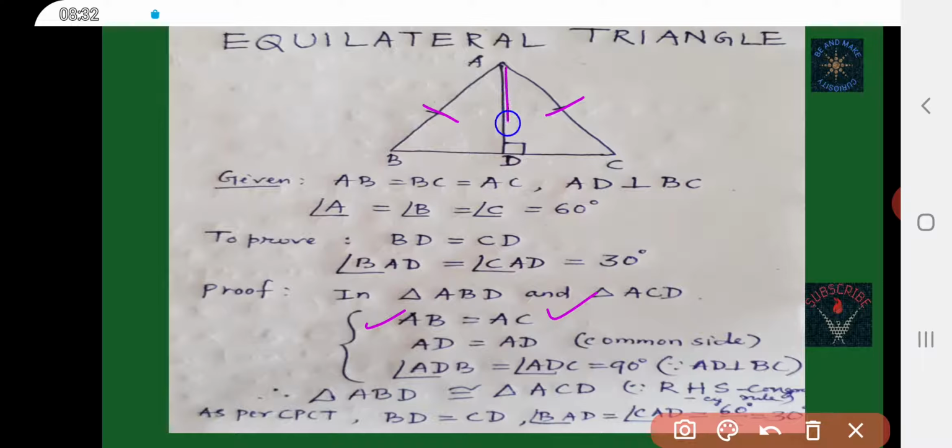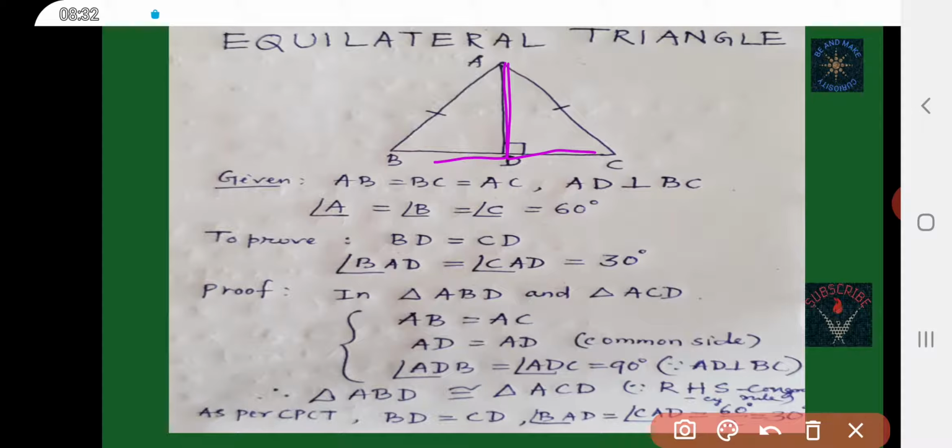Here you see AD is a common side. And here you see this angle and this angle are equal, that is equal to 90 degree. Why?